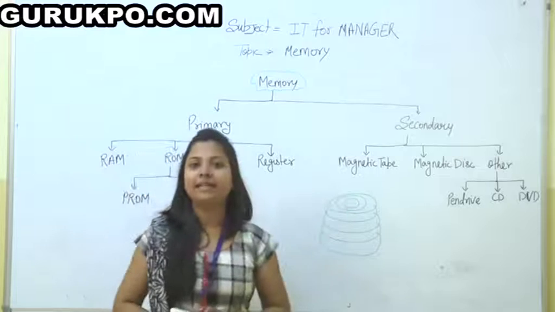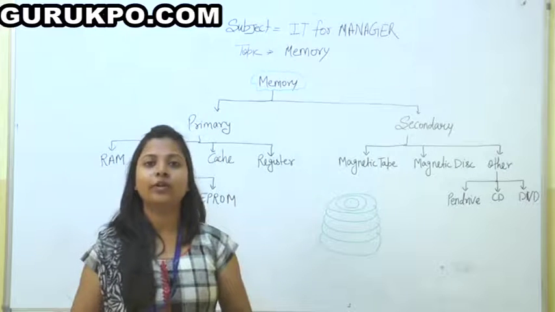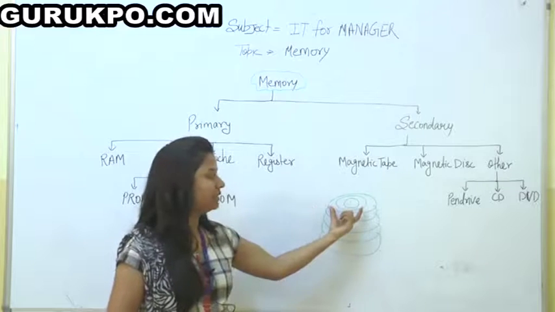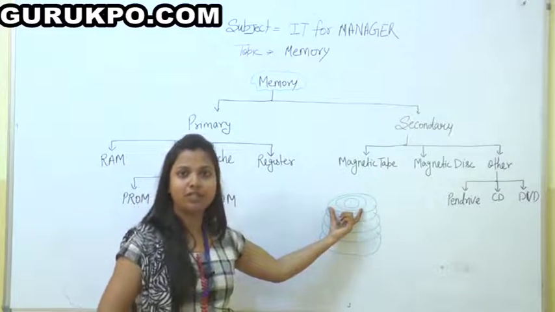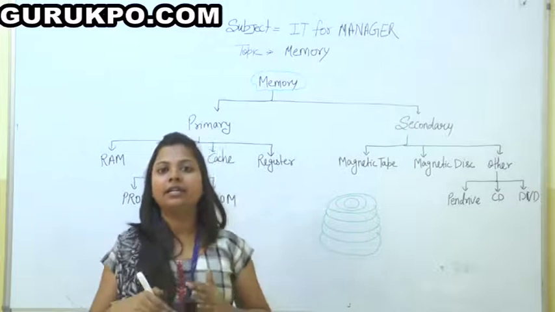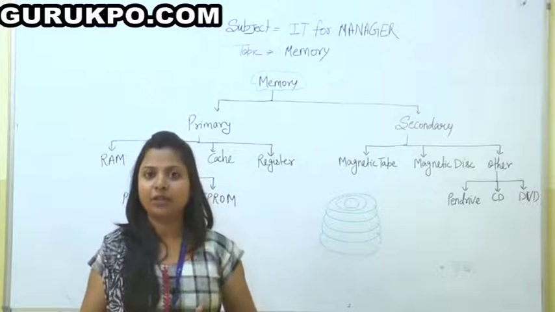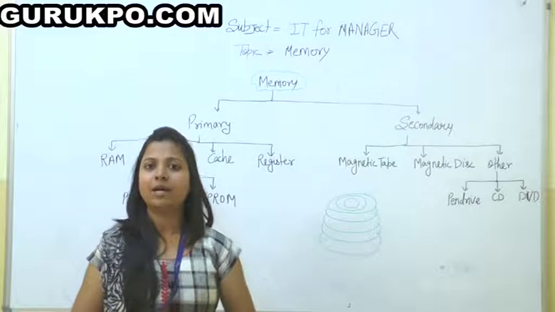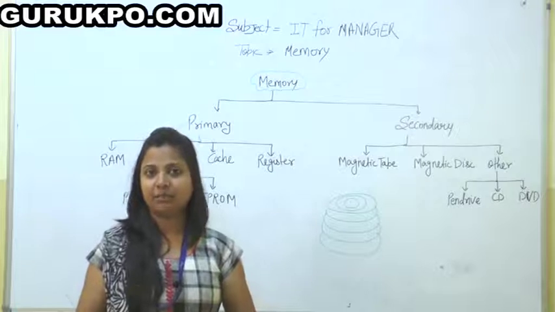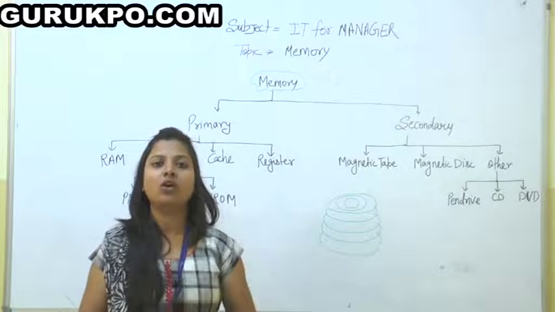In a magnetic disk, data is stored in a circular manner. For example, this is a disk, this is the upper part of the disk, and below this is the lower part. Data will be inserted on both sides but in a circular manner. These circular parts of the disk are called tracks, and if we again subdivide the tracks, they are called sectors.